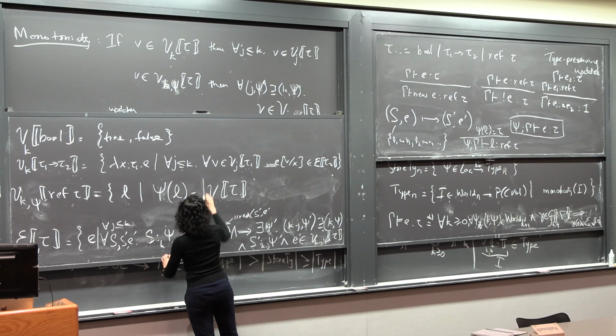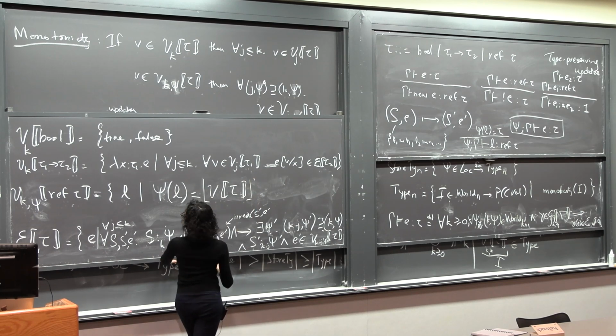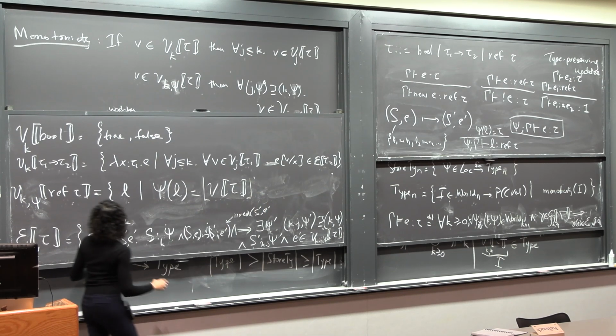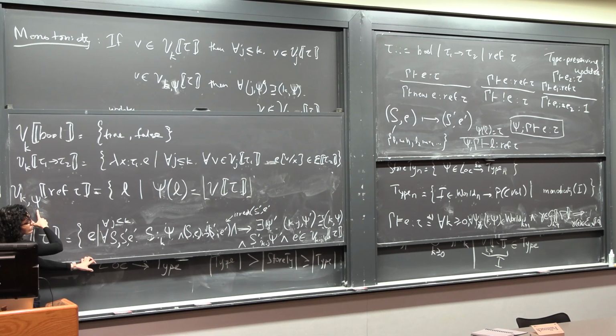Basically, what I want to do is take this and restrict it. Right now, psi of L is going to have in its codomain anything at level k minus 1 and lower. You can look at the definition of world and it'll tell you that. Okay?